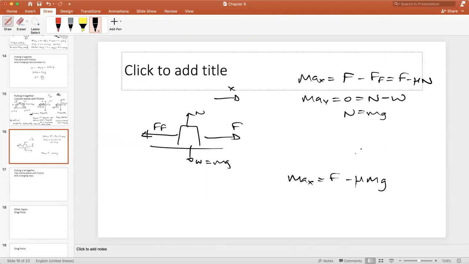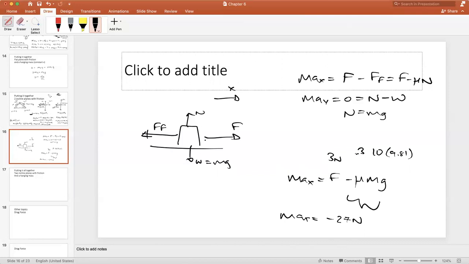Now let's say that this is 0.3 and this is 10 and this is 9.81 and this is 3 newtons. So 0.3 times essentially 100, this is going to be bigger than this. And so what I end up with is MAX is something like minus 27 newtons.